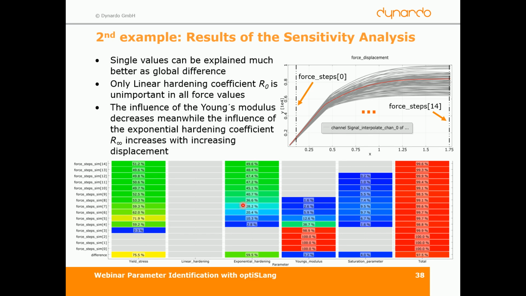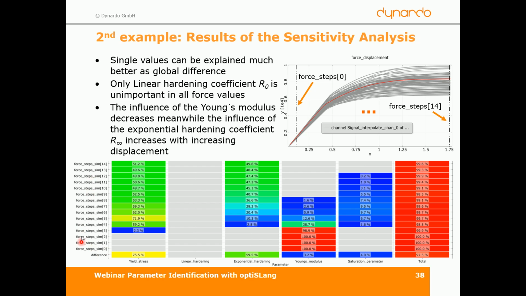And here you see on the bottom our COP matrix. That means on the ordinate you see some responses, and you see on the abscissa the input parameters, and the last column is the COP value, this coefficient of prognosis. And as I said before, we divided our signal into 15 equal steps. That means we have some vector with 15 components, beginning with force step 0 and ending with force step 14.